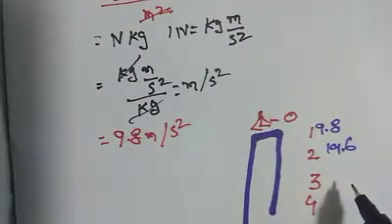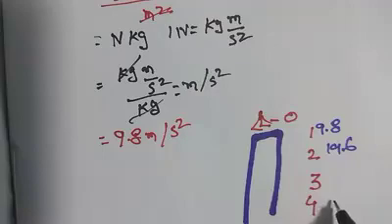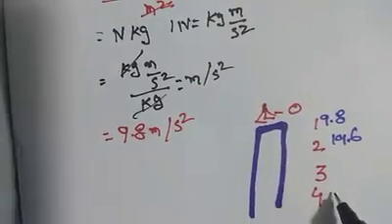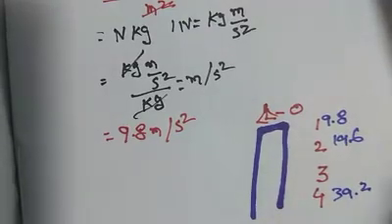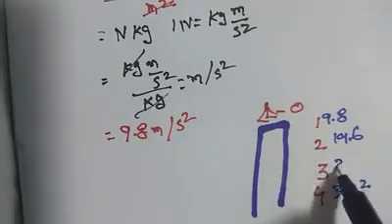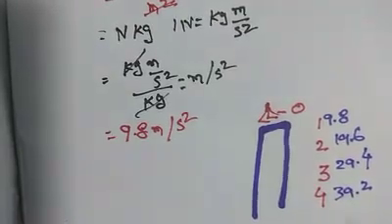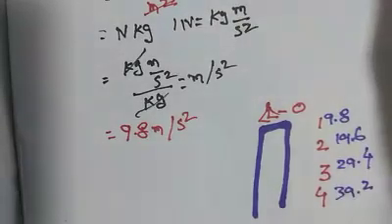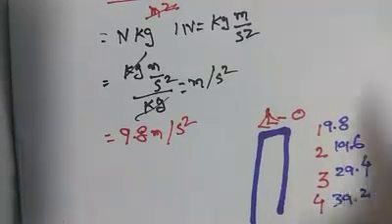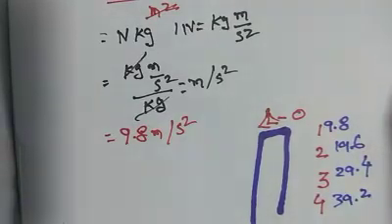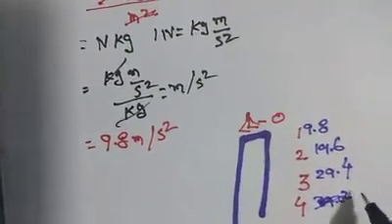Further, it would go up and come to 19.6 plus 9.8, which eventually comes to 29.4. Then you can add another 19.6 over there, 29.4 plus 19.6, which would come to 49, and so on.